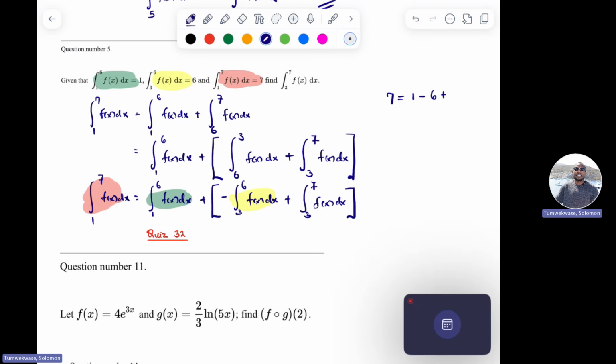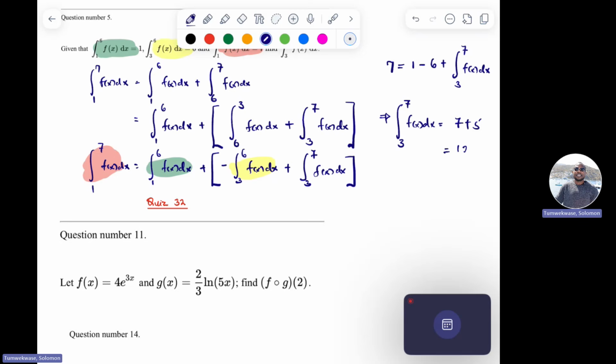Then plus the integral from 3 to 7 of f of x dx. When I bring everything to the other side, I have the integral from 3 to 7 of f of x dx. This is the same as 7 plus 5, and this is the same as 12.